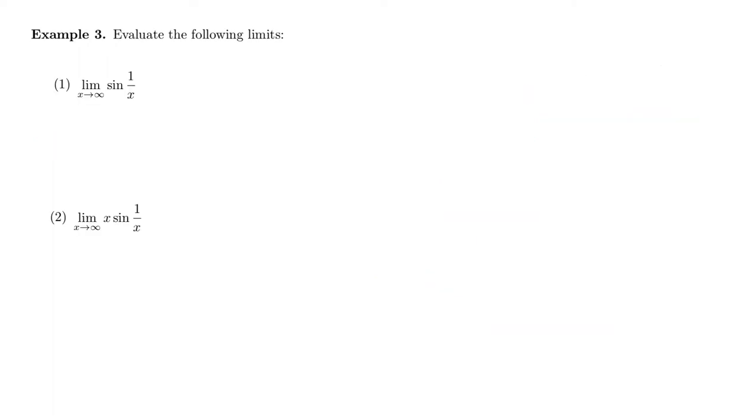Okay, so here we have some more limits of functions that we want to find the end behavior of. Now notice that these are sine functions, so you may be putting up a red flag and saying, wait a second, I thought the limit as x approaches infinity of sine does not exist. That's true, but this is not the limit of sine of x.